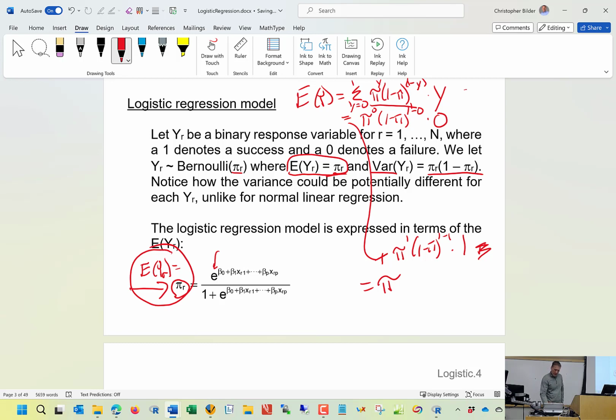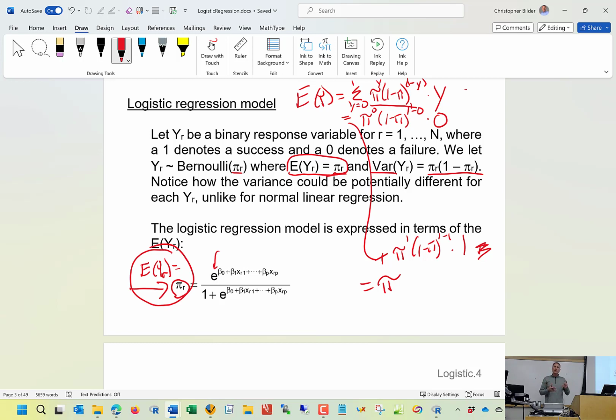Okay. So back to what you learned in your algebra class when you first saw the exponential function. The exponential function always gives you a positive value, no matter what. So e to the 0, e to the negative 1, e to the 1, you will always get a positive value.